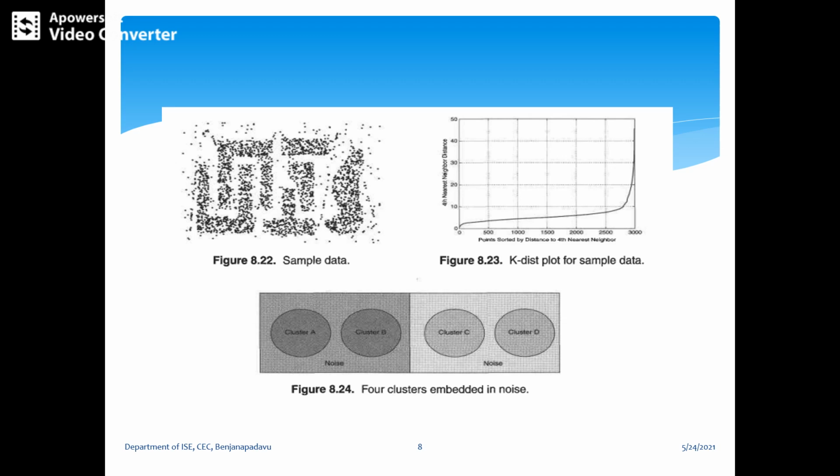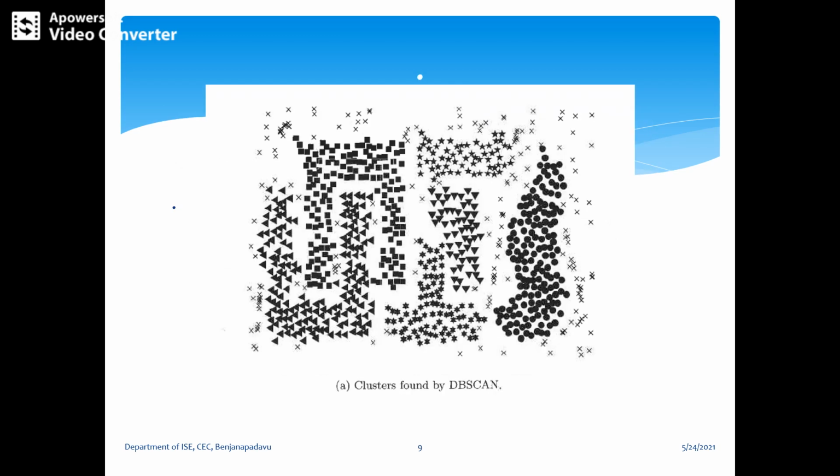Another example: we have clusters found by DBSCAN, and noise points, border points, and core points. In this example, the 3000 two-dimensional points, we are going to extend here. This is the cluster found by DBSCAN. So how are the clusters found by DBSCAN?